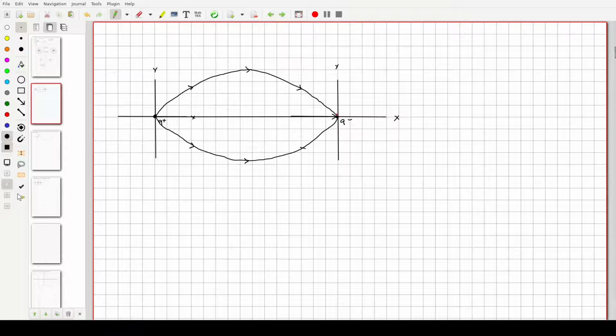All right. That's kind of hard to freehand. That's not too bad.